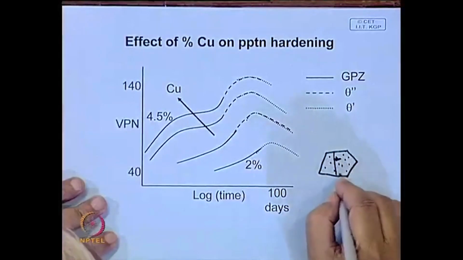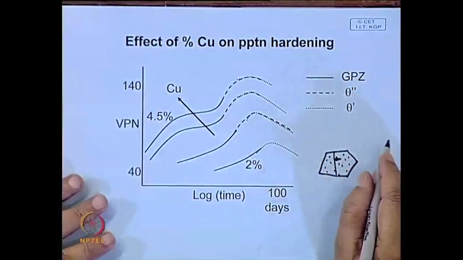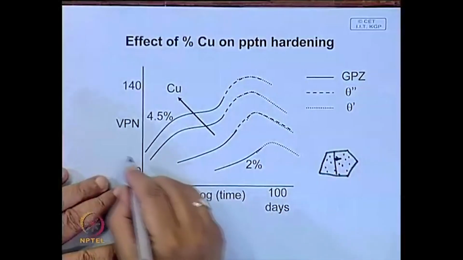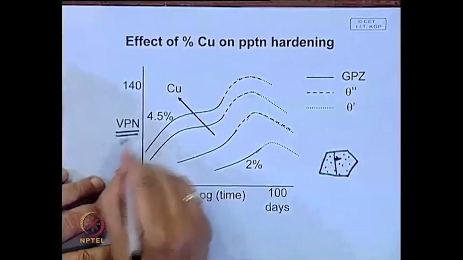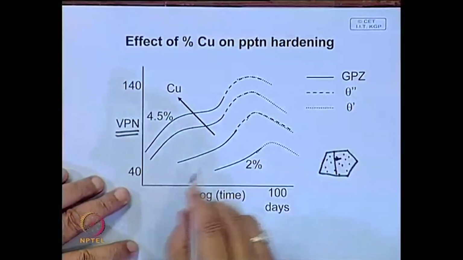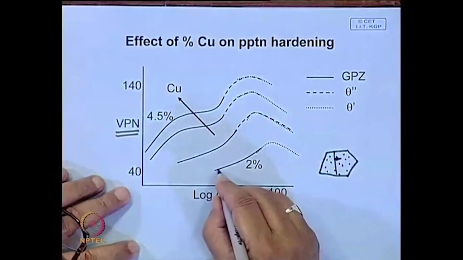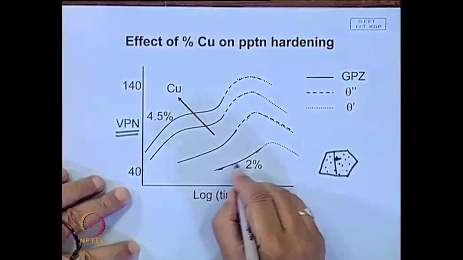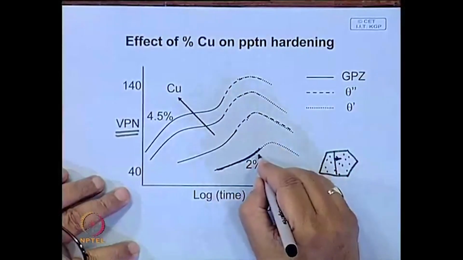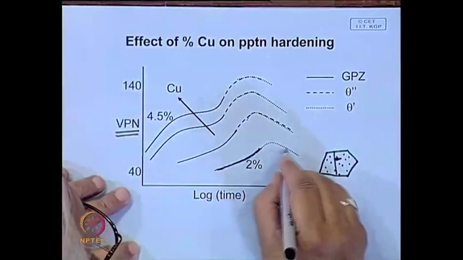So, when this precipitate forms, you will have some additional strengthening, and this can be followed by measuring the hardness. Usually the hardness is measured in Vickers pyramid number, which is shown over here. So, if that alloy has 2% copper, if you go back to the previous diagram, you will see that possibly you will have GP zone, and after that you will have theta prime.